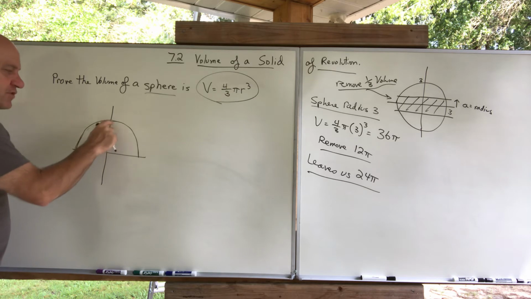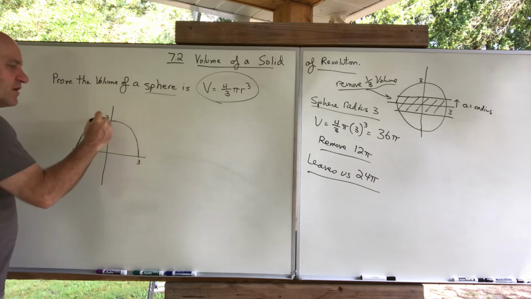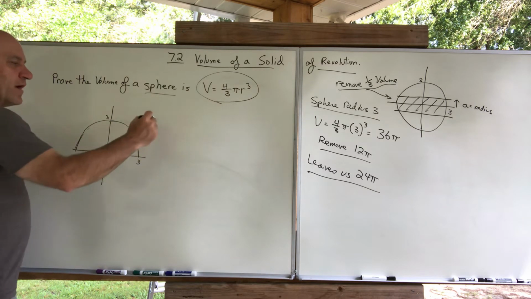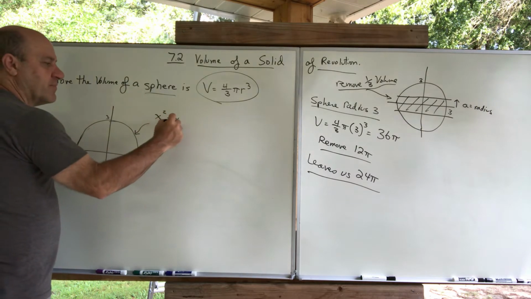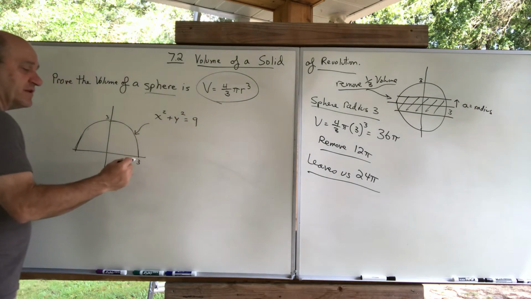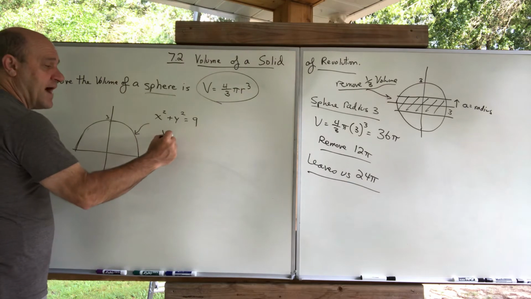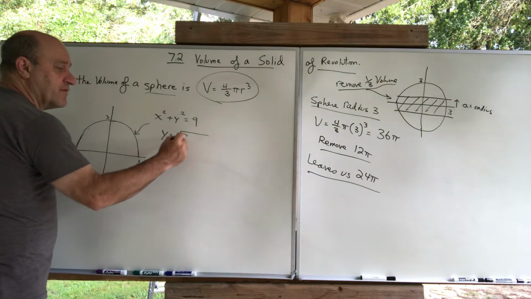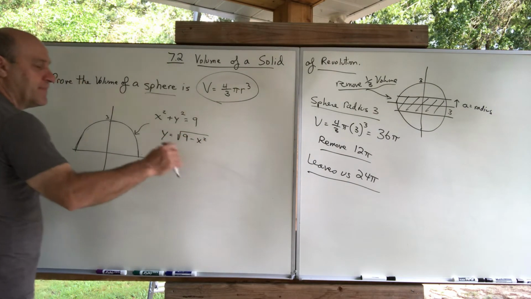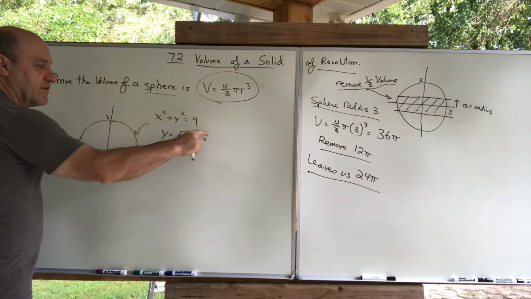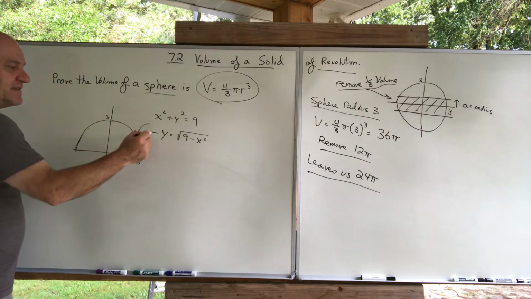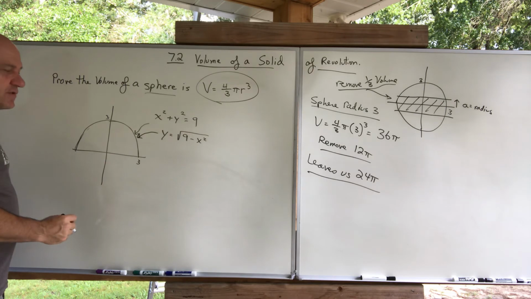I've got a semicircle of radius 3. What is the equation? The equation of a circle is x squared plus y squared equals 9 when it's radius 3. When you solve for y, you get the square root of 9 minus x squared. You move the x squared over and take the square root, so that's the upper semicircle.